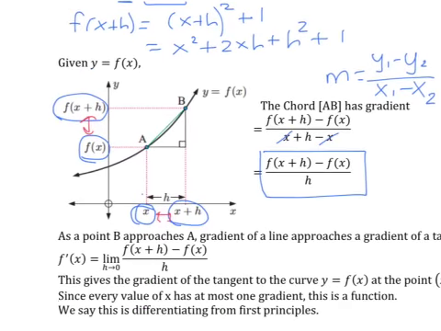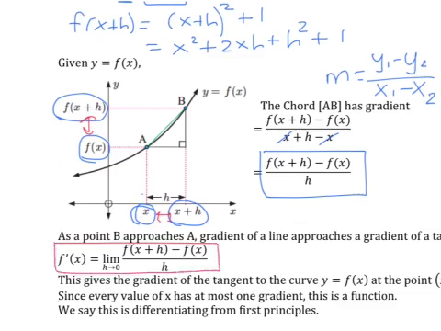So then let's talk about as point B approaches A, the gradient of a line approaches the gradient of a tangent line. In other words, as the distance between the x and x plus h gets really, really close together, we're left with this equation.